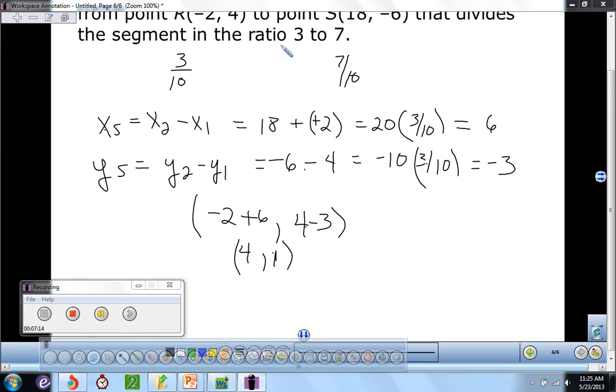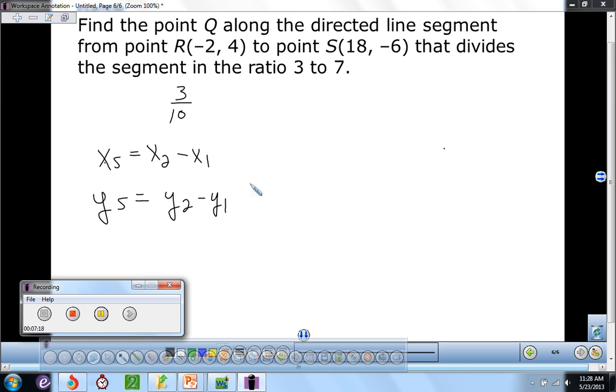Now let's come from the S and see that we get the same answer. Alright, so now we're coming from S. So it'll switch the X2 and X1. Since we're coming from S going to R, this would now be X1, and this would be X2.